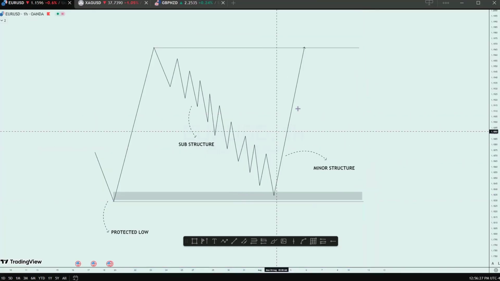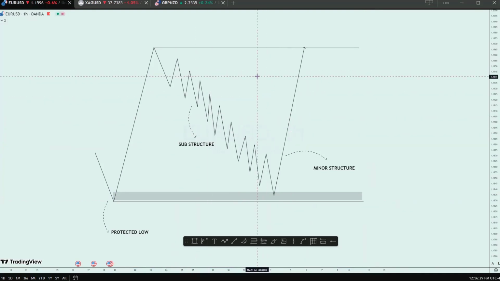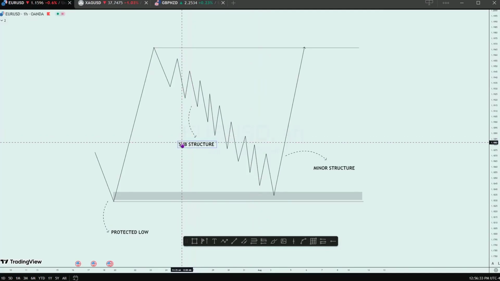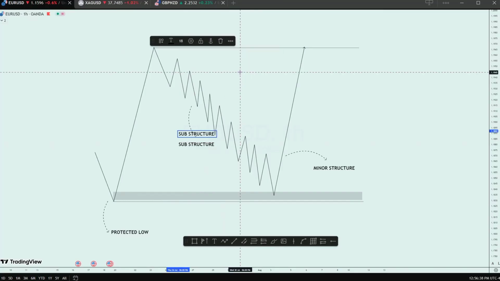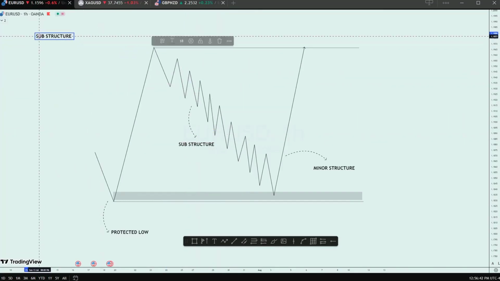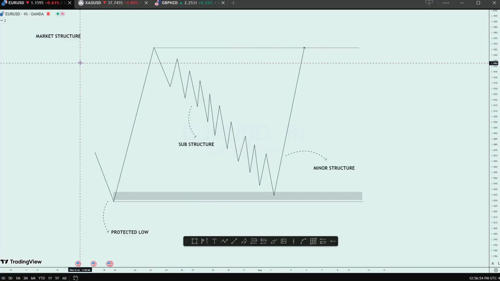This becomes your structure. This is our market structure.